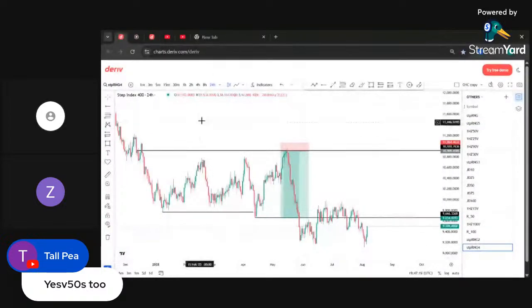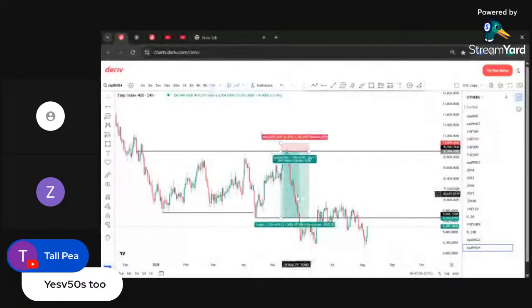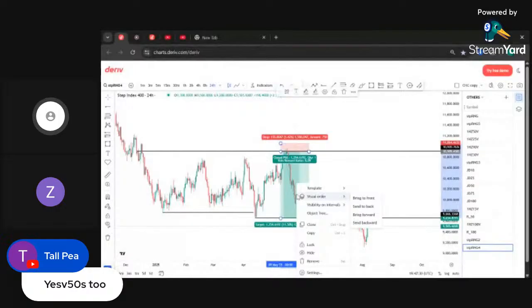This is also liquidity engineering. Now, what can I see? Let me just delete all this.